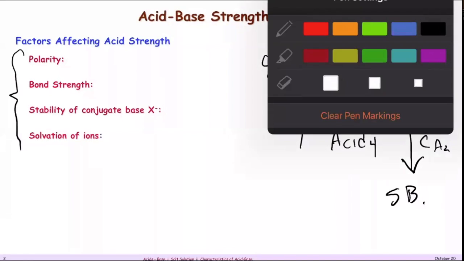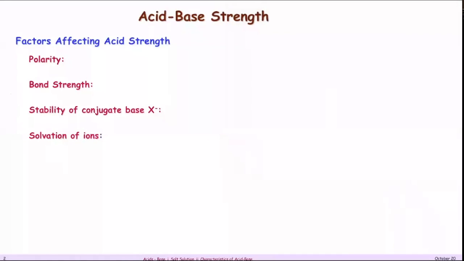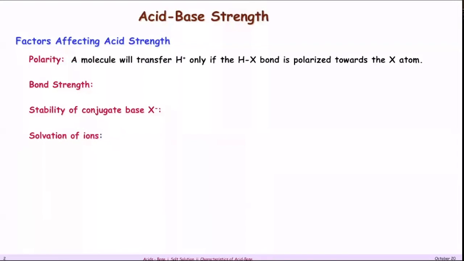So let's take a look at these factors right here. Polarity. When a chemical is polar, it basically means that the charge distribution on the chemical is going to be skewed to one side. The greater the polarity, the greater the acid strength, because basically the electrons are going to be going away from the hydrogen that wants to come off.